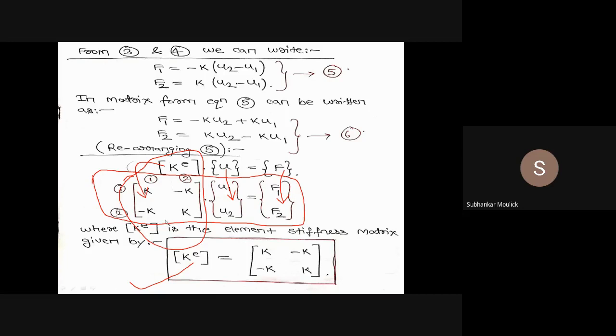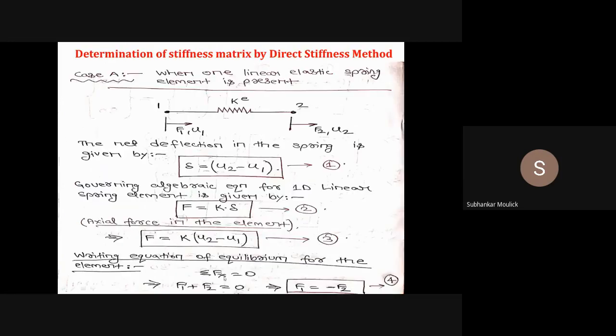From this matrix equation, I can conclude that this particular term is your global stiffness matrix, this term is your displacement vector, and this term is your nodal force vector. So this is one more way to find the global element stiffness matrix by the direct stiffness method.